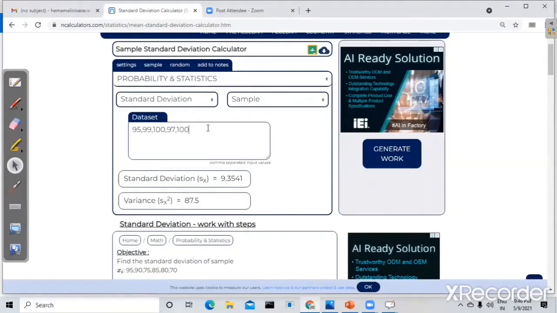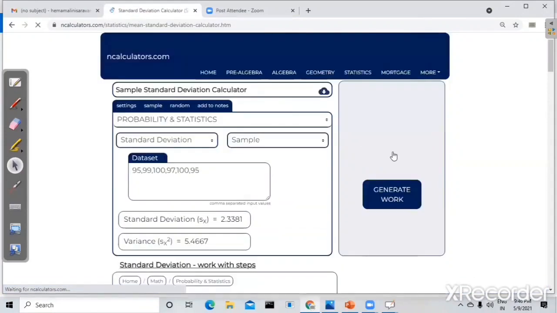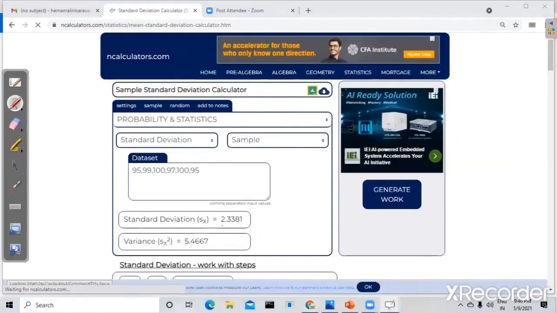If we take it like this and generate it, we can see the standard deviation value is 2.3381 and the variance is 8.4. These lower values show that each value is not far away from the mean.